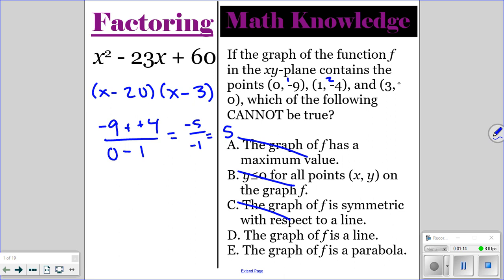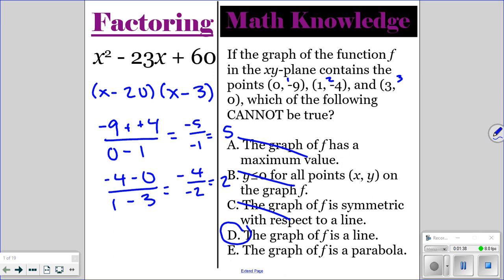And the slope between points 2 and 3 would be (y3 - y2) over (x3 - x2), which would be negative 4 over negative 2, which is 2. So the slopes aren't the same between those three, so it cannot possibly be a line.